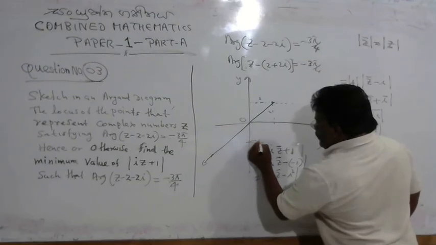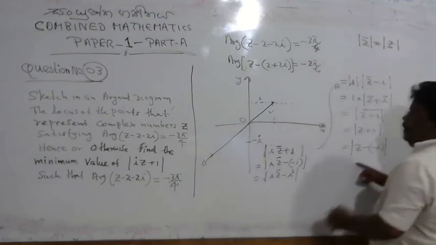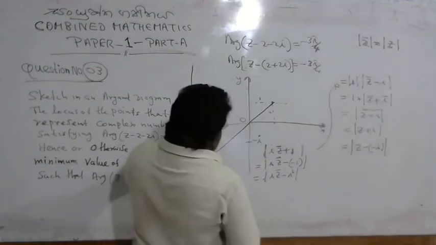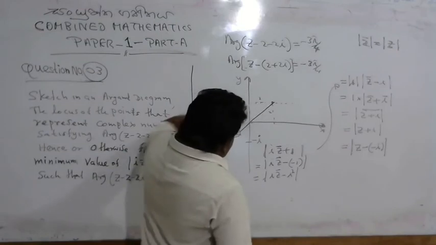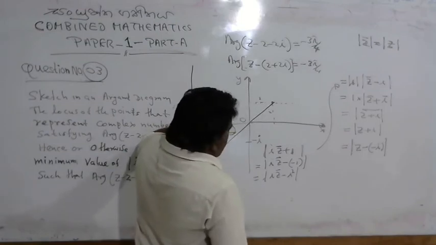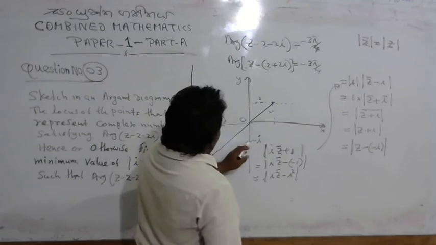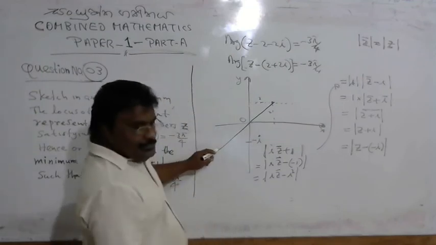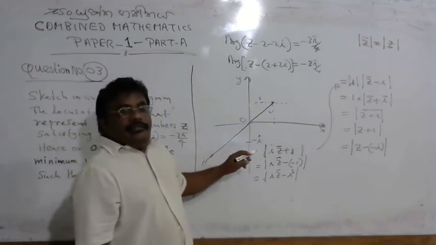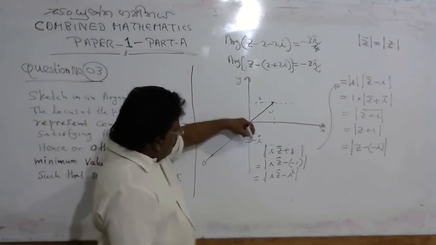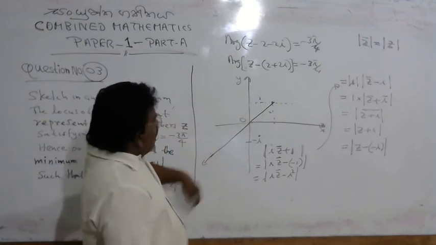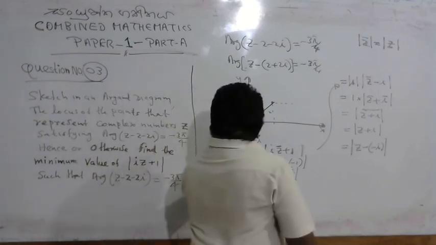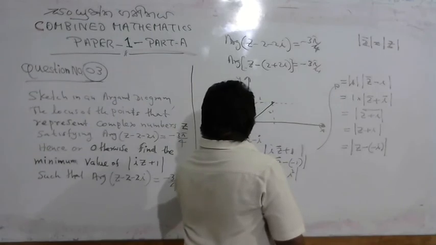The other point is any point on this half line. As z varies, what is the minimum distance from minus i to this line? That is actually the perpendicular distance.